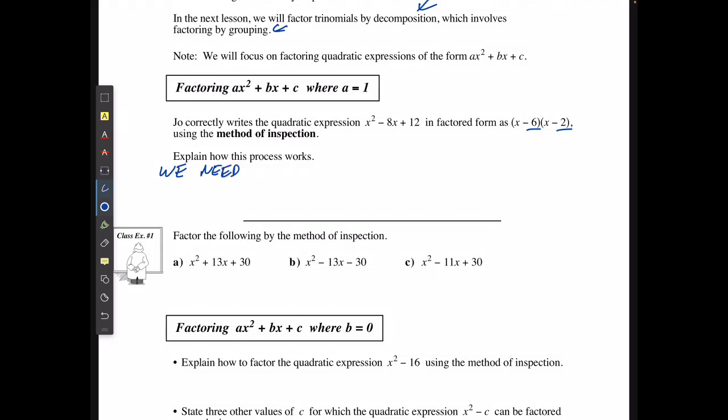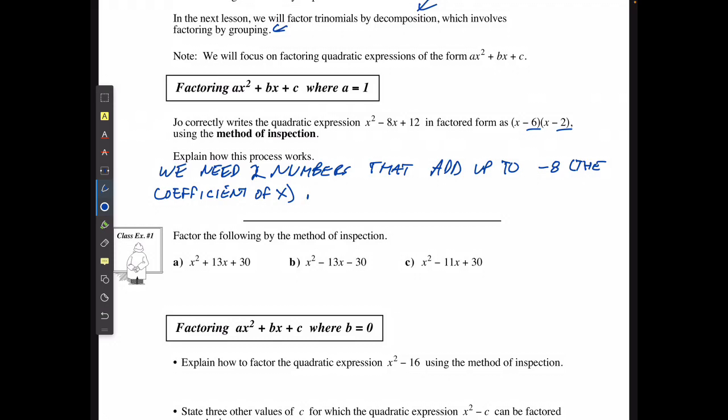We need two numbers that add up to -8, or the coefficient of x, not x squared, and also multiply to 12, or the constant. Those are my two factored numbers.